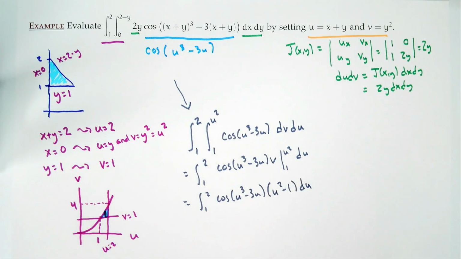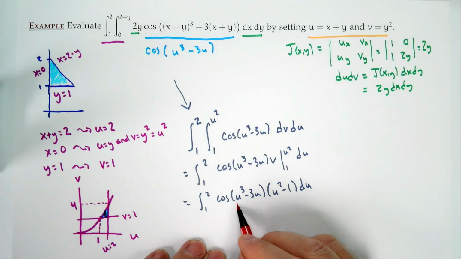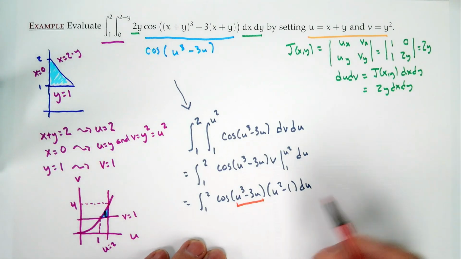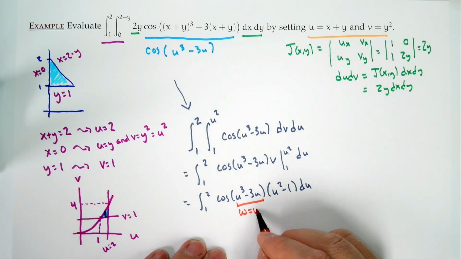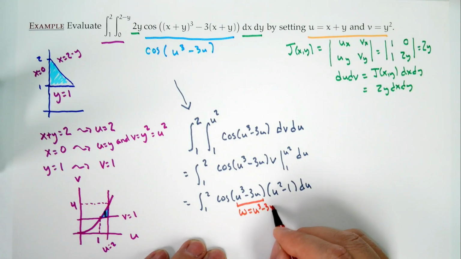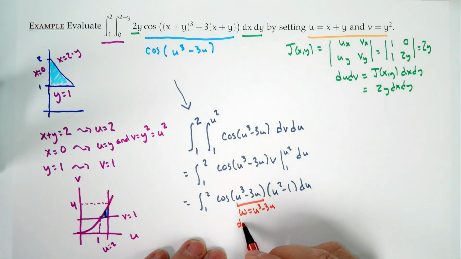Now, we should be suspicious because they expect us to get an answer, so we should say, okay, how does the u squared minus 1 help? Well, in this case, we can make a good substitution. So let's suppose we set our inside equal to our substitution. Now, we already are using the symbol u, so let's double down. W. W equals u cubed minus 3u. Then what would dw be?